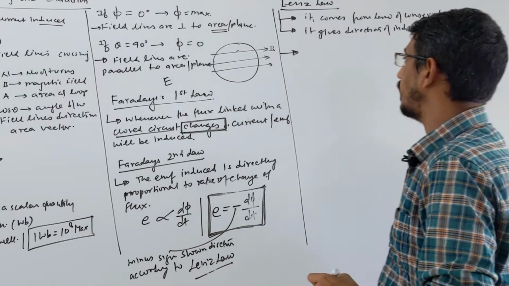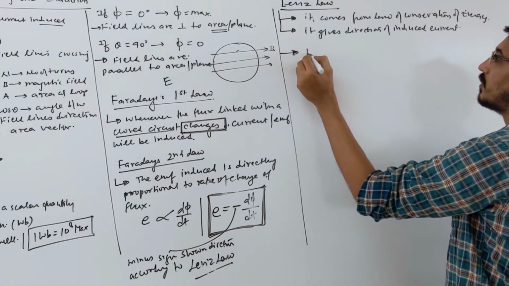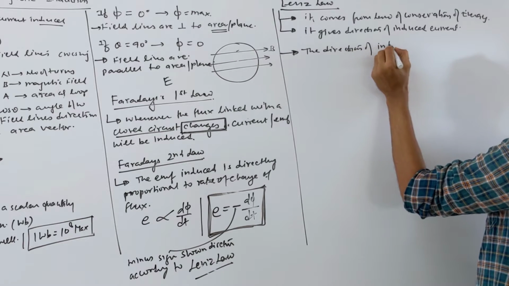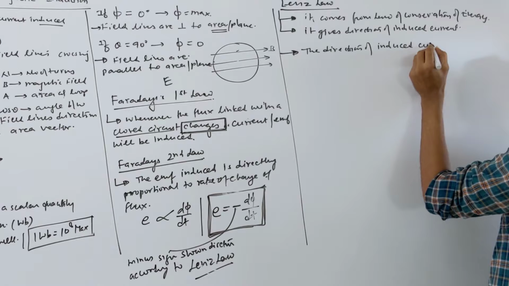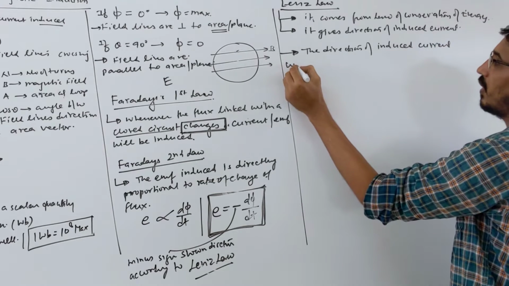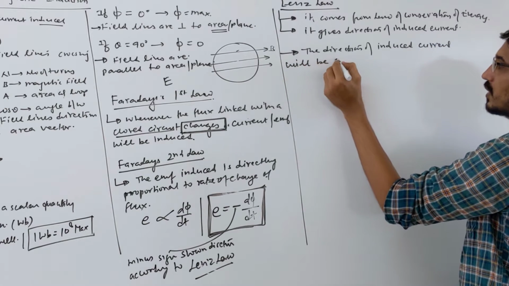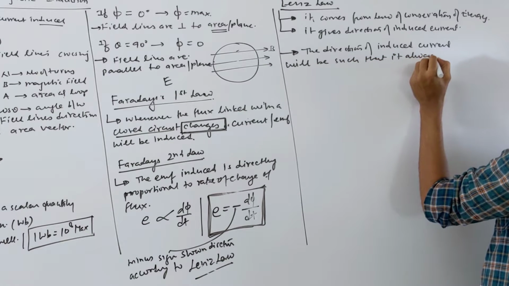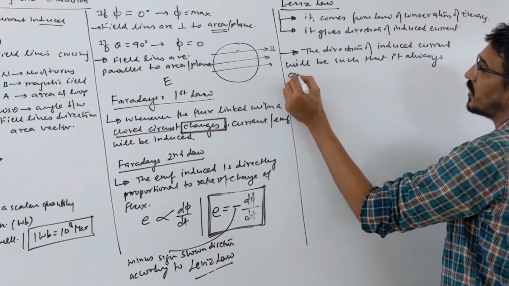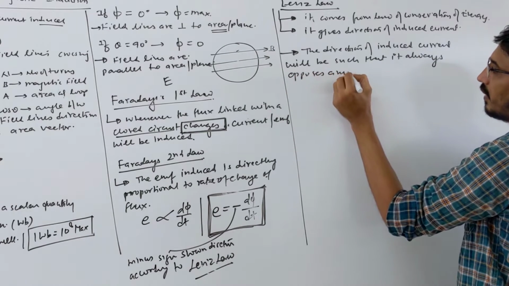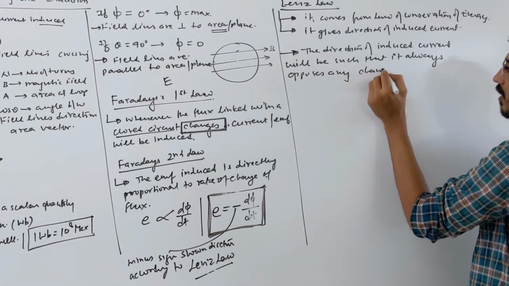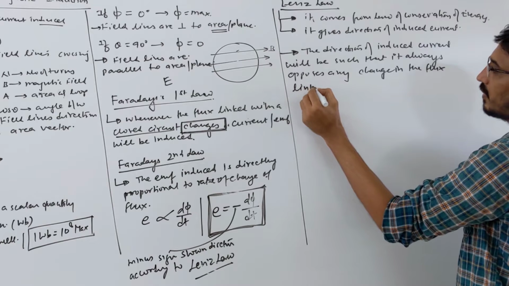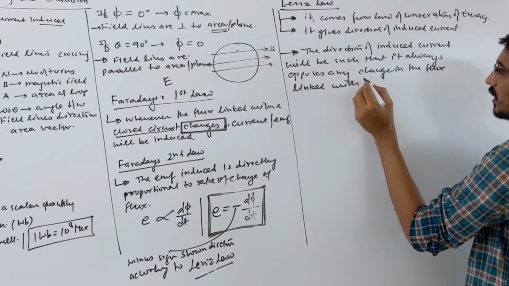So I'm writing here: the direction of induced current, I'm saying, will be such that it always opposes any change in the flux linked with your circuit or your coil.